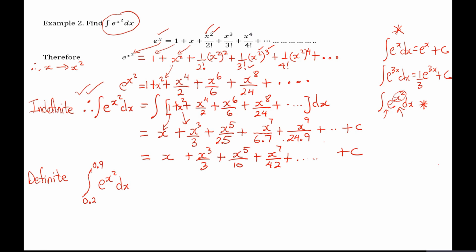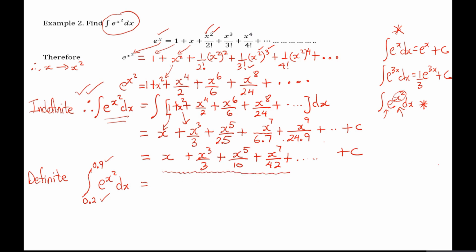So if that question is find the integral of e to the x squared from 0.2 to 0.9 dx, do you recall how to do that? Well, I hope you do, because all you have to do is substitute the upper bound and subtract the lower bound. In other words, the integral of e to the x squared, which we have just calculated, there's the answer here.